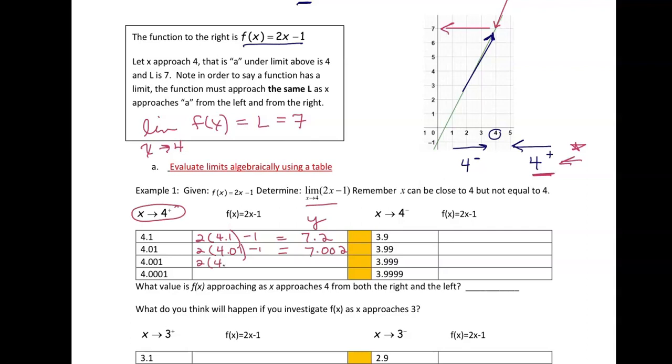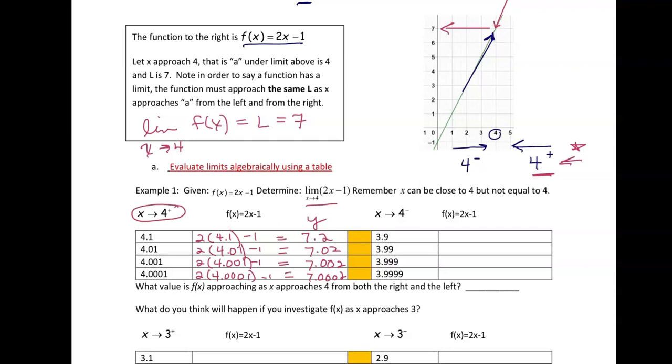Get a little closer: 2 times 4.001 minus 1 equals 7.002. Then go a little closer still: 2 times 4.0001 minus 1 gives me 7.0002. I'm getting closer and closer to 7. Clearly that's where I'm heading.